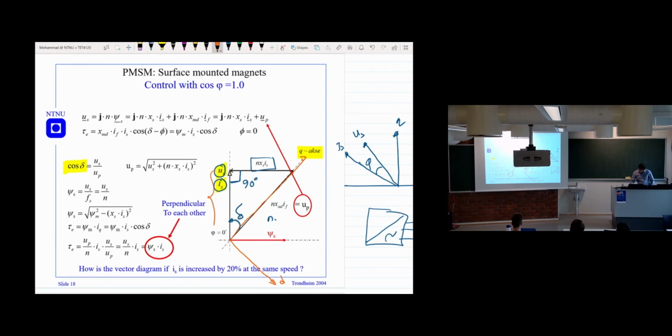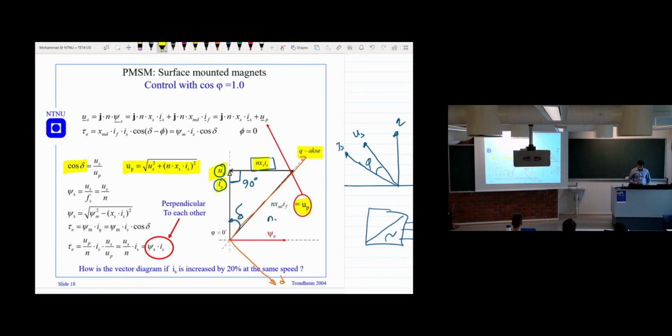This is the US vector. And then according to Pythagoras, we can write this UP vector squared and this voltage vector squared. So this equation is according to Pythagoras: the square of this plus the square of this equals the square of this. So that's how we got this equation.